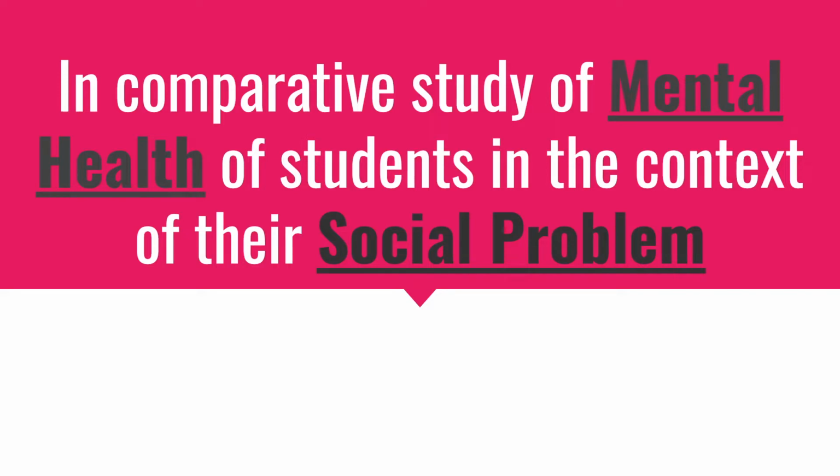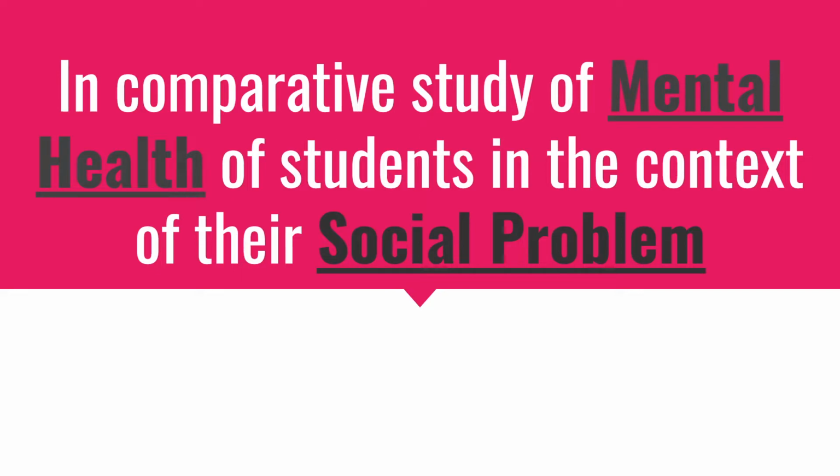Generally, there is a cause and effect relationship between the dependent and independent variable, where the independent variable acts as a cause and the dependent variable acts as an effect. In our example, the researcher takes social problem as a cause and mental health as an effect, because he wants to test whether mental health is affected by social problem or not.